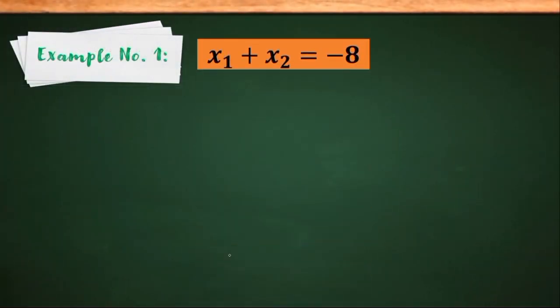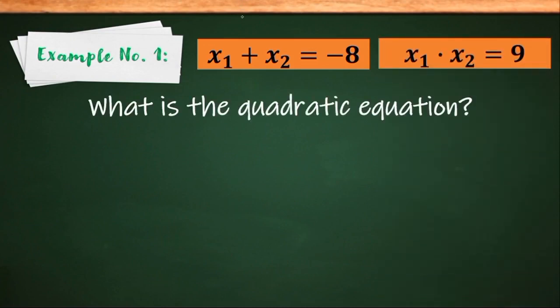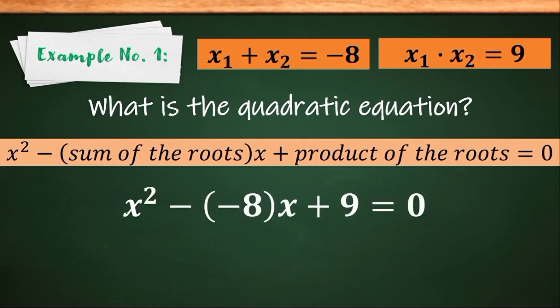Now, another example is, how about if the sum and product of the roots are given? What do you think is the quadratic equation? All you have to do is to follow this formula. X squared minus the sum of the roots times x plus the product of the roots equals 0. Just simply substitute. X squared minus, what is the sum of the roots?